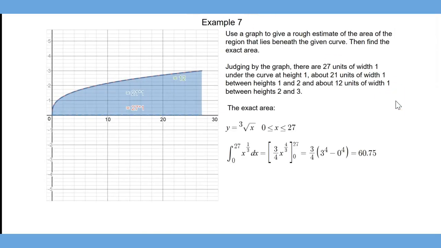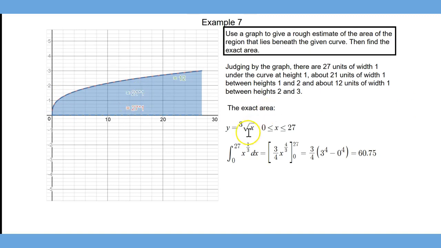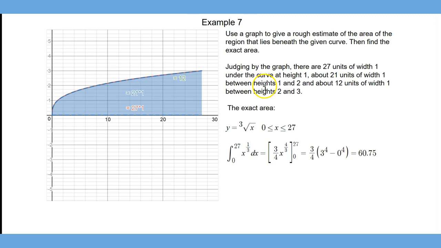The last example, also from homework problems: use a graph to give a rough estimate of the area of the region that lies beneath y equals the cube root of x. Then find the exact area. You can look at each of these. Here's 27.